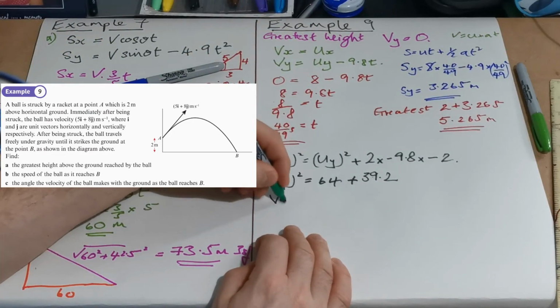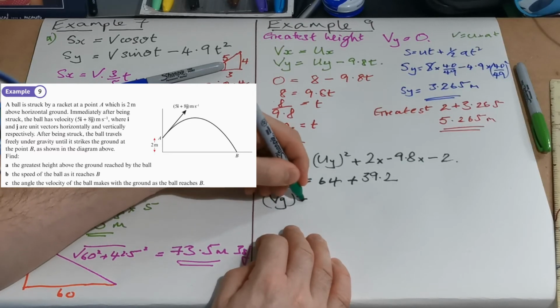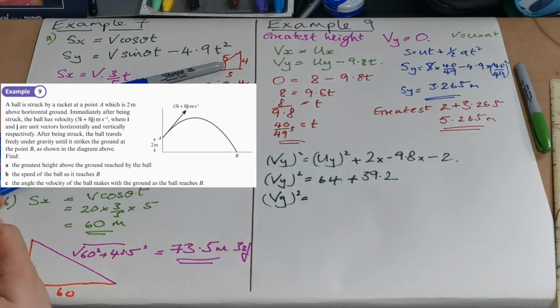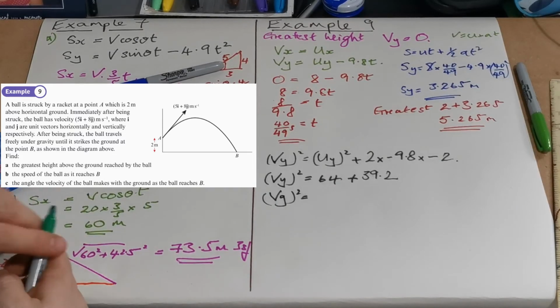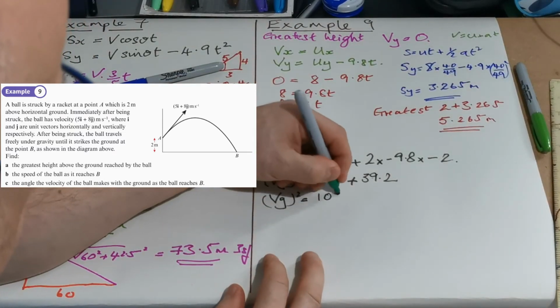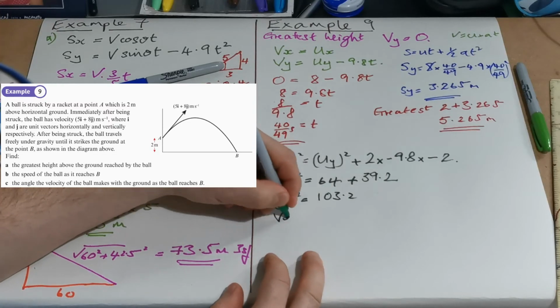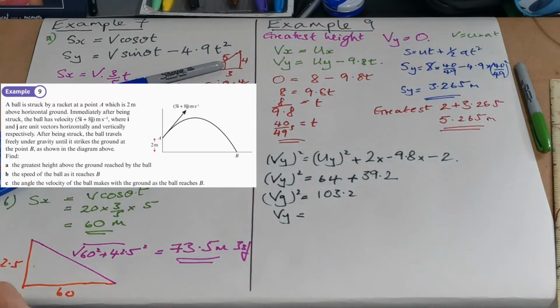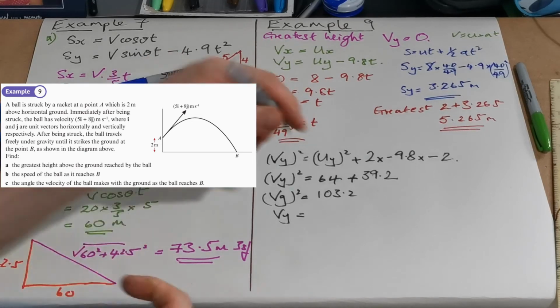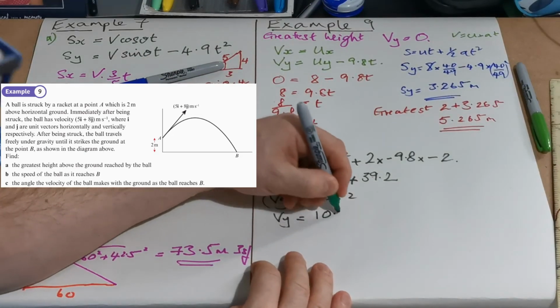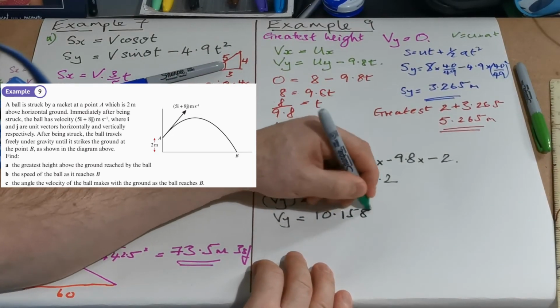So vy squared is equal to 103.2. So vy equals 10.158.